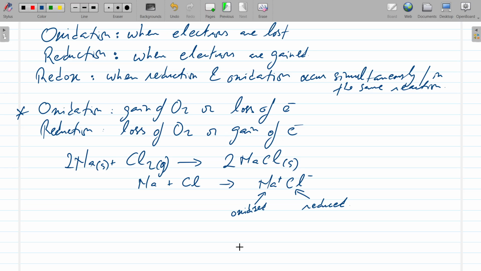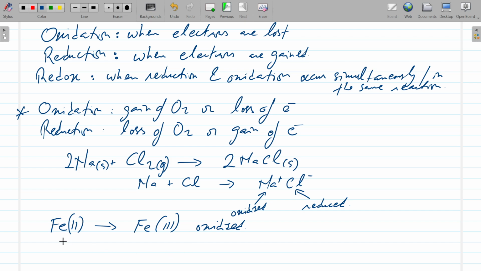And this concept of the loss and gain of electrons and the terminologies of oxidation and reduction will come in handy later on, especially, for example, when we talked about transition metals. In a reaction, we've got iron 2 going to iron 3, which means it lost an additional electron, which means it was oxidized.